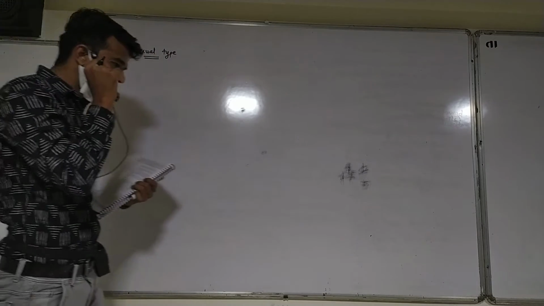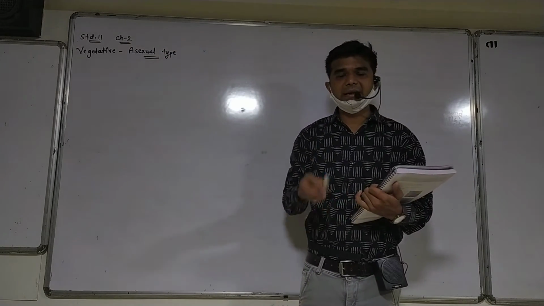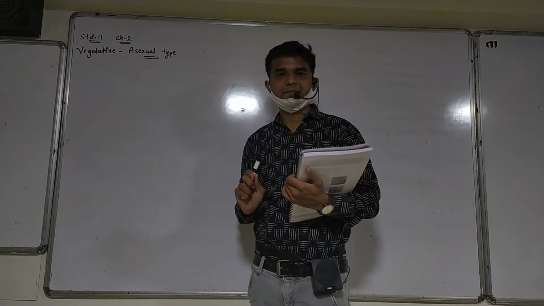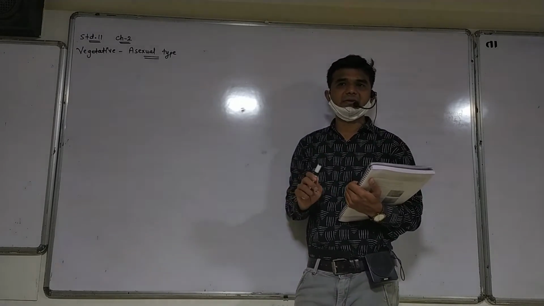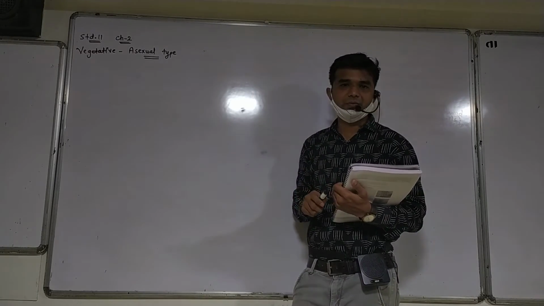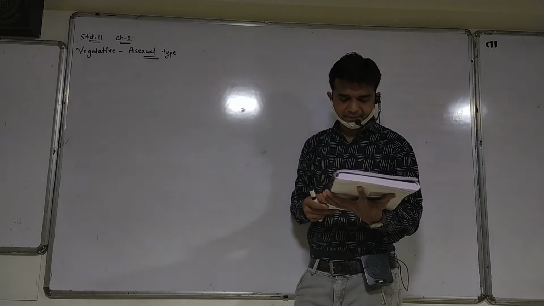Please remember that in plants we can't use the word asexual reproduction. Instead of asexual reproduction in plants, we use the word vegetative, vegetative propagation, like that.